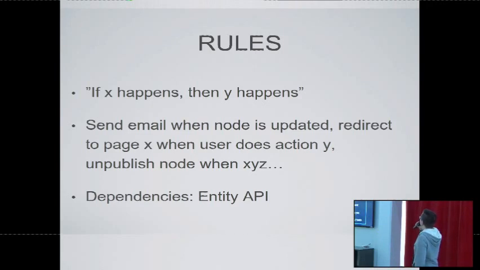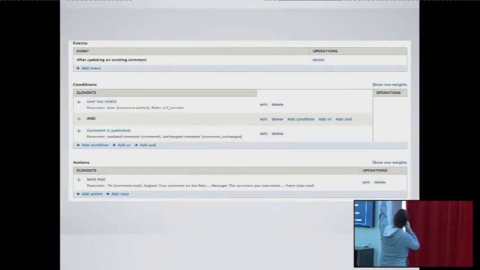So you don't have to depend on cron. You don't have to write your own PHP and then run it in cron or anything like that. You can just say, this happens, and on a minute, something happens. So there is an example of a rule.